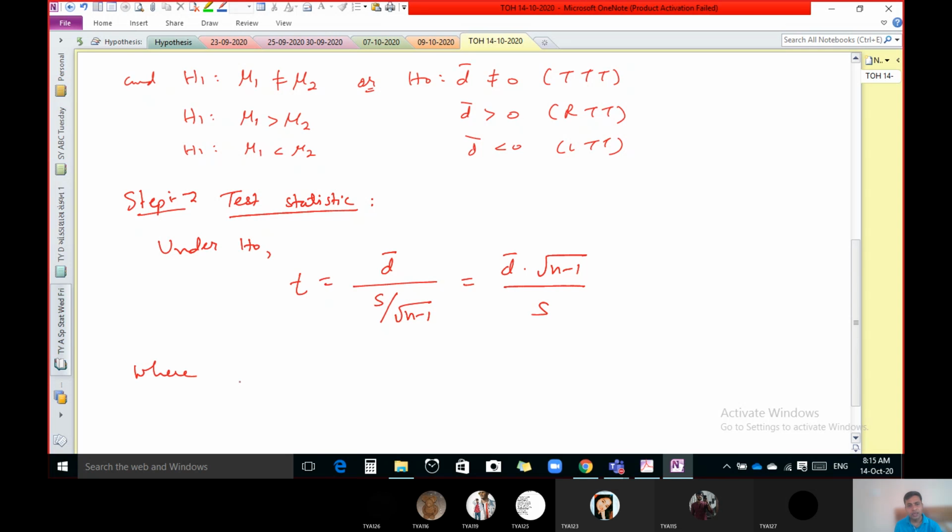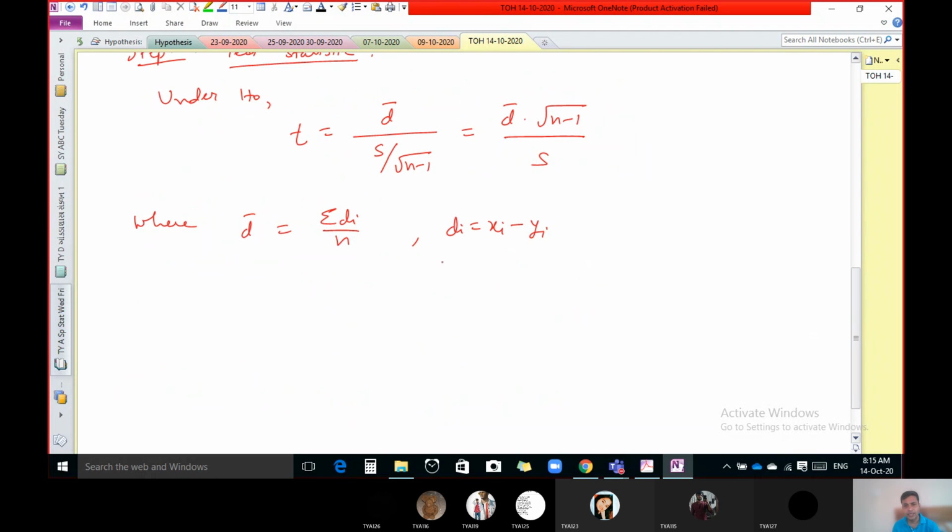Here D bar is sigma di upon n. Di is xi minus yi. Now what is xi? Xi means observations or values before the experiment, and yi values after the experiment.